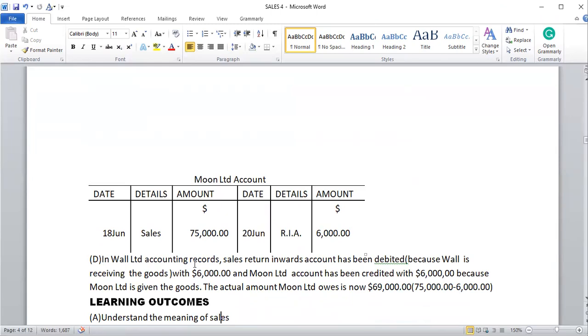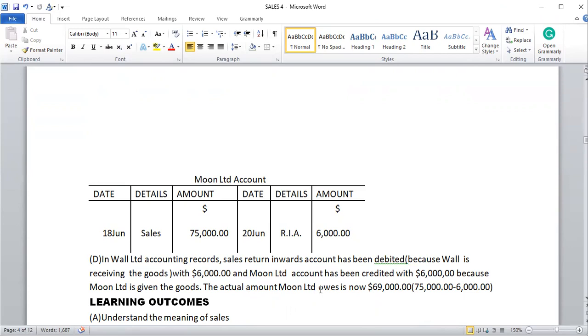D, in World Limited accounting record, sales returns inwards account has been debited because World Limited is receiving the goods back with $6,000. And Moon Limited account has been credited with $6,000 because Moon Limited is giving the goods.